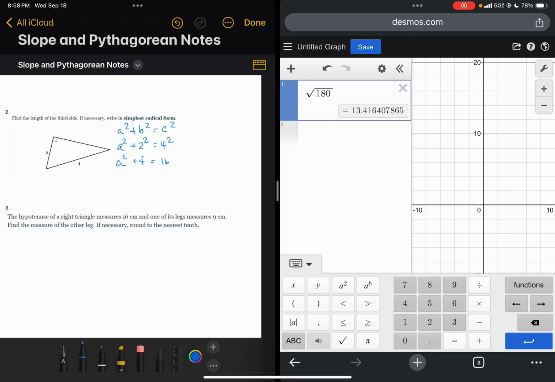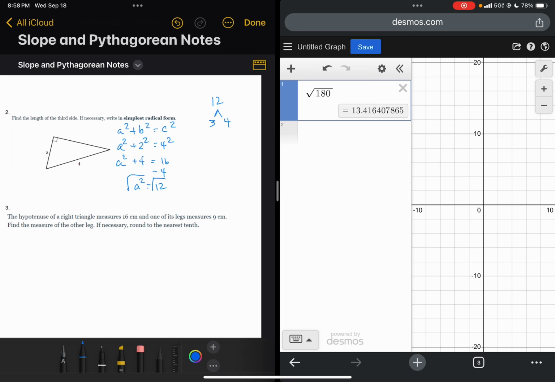I'm going to move that 4 over, so a squared is equal to 12. I need the square root of that, and you'll notice it says in simplest radical form. So I'm going to do my factors: 3 times 4. You could do 2 times 6, it doesn't matter either way. 3 does not factor, but 4 does. 2 comes out, 3 stays in. And that's my answer.